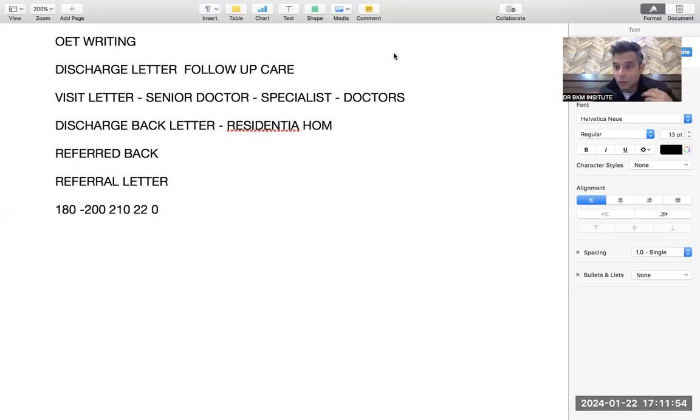So the patient was sent to hospital because he was not comfortable in the residential home, or you can say retirement home or nursing home. The patient lives there, he was referred to us, so he was admitted in our hospital.